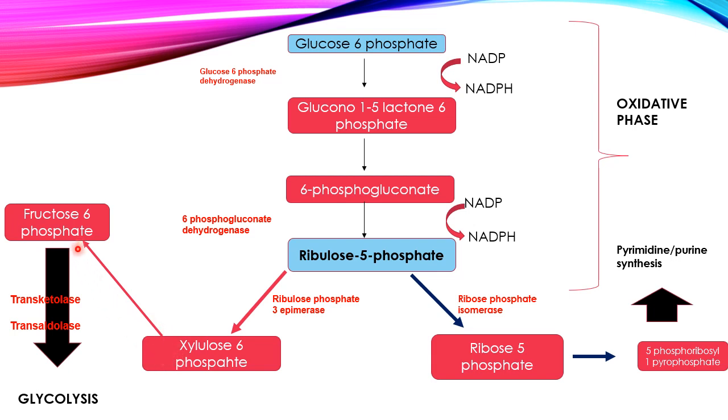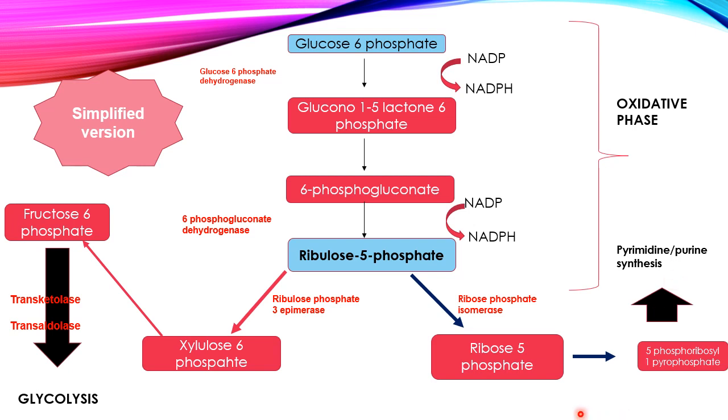So this is a simplified version of the pentose phosphate pathway where you have various deviations. One is that it goes ahead with glycolysis, and it is also going ahead with the pyrimidine and purine synthesis.